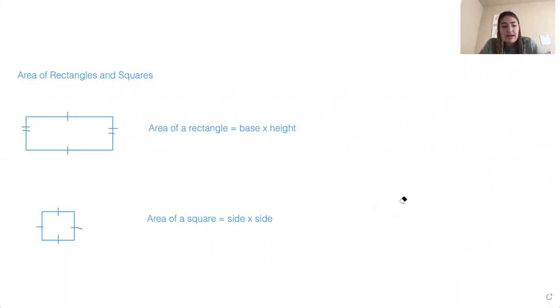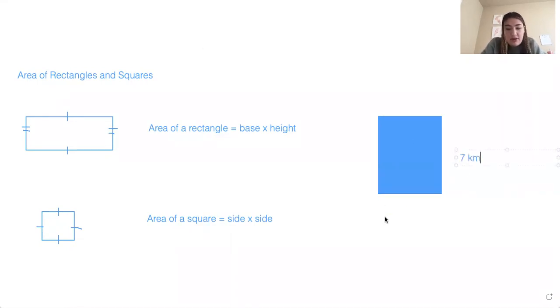We'll do another rectangle. We're going to try to find the area of this rectangle with side 7 kilometers and this side 6 kilometers.